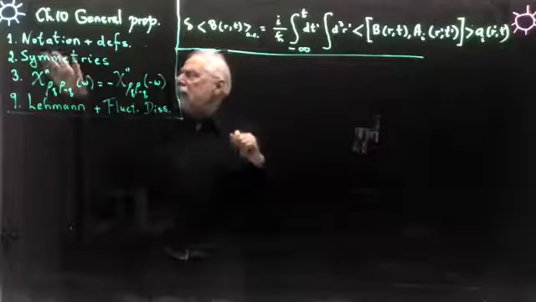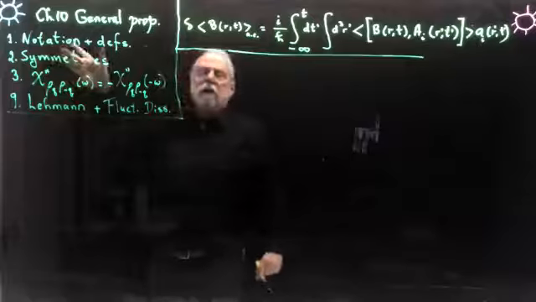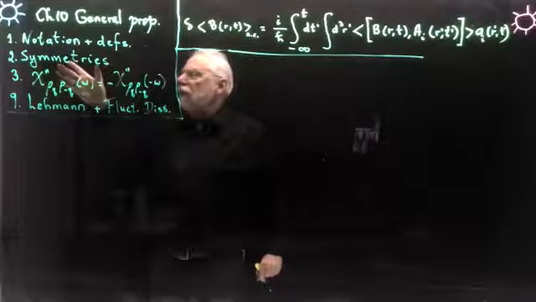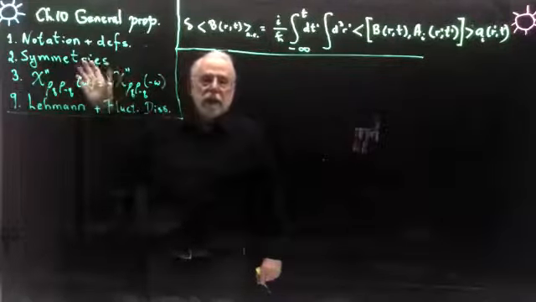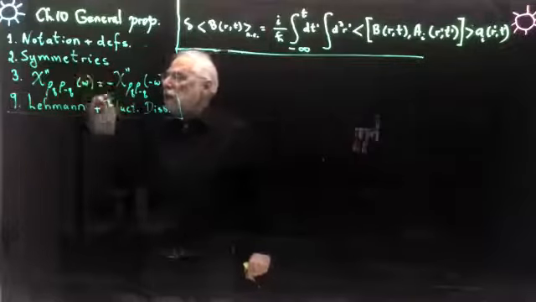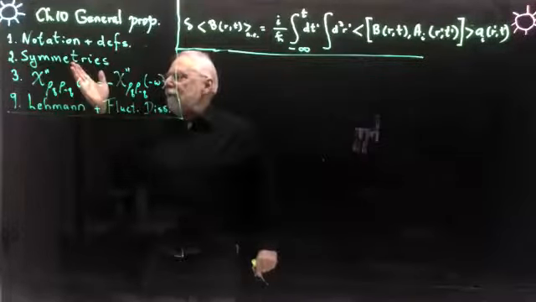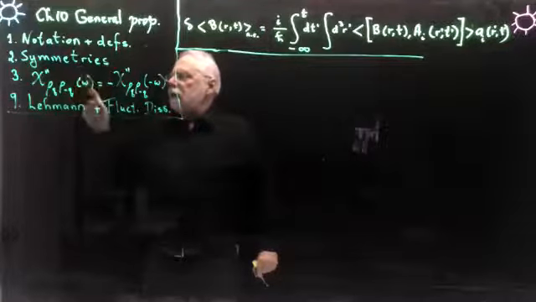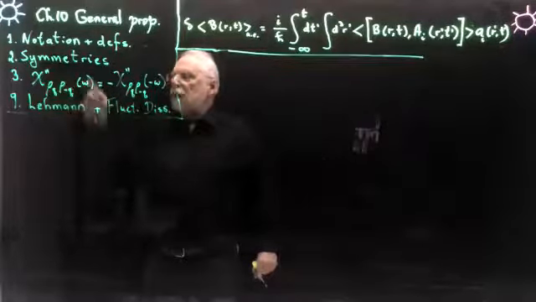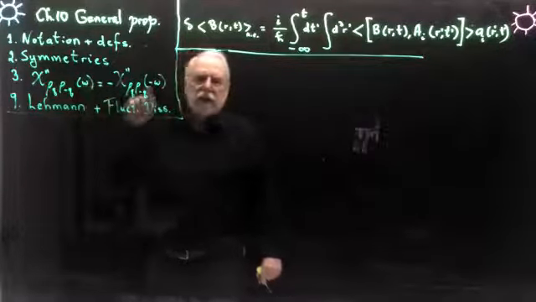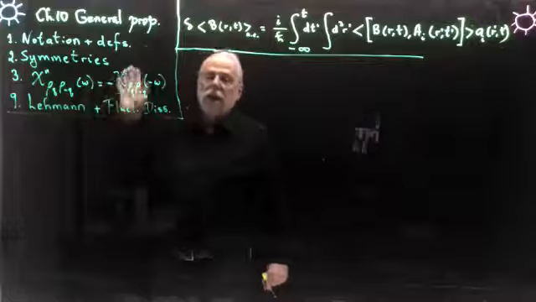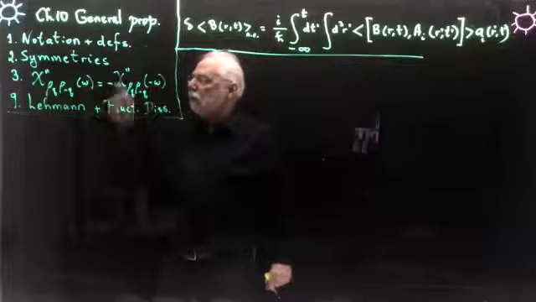So I will start with notation and various definitions. I'll talk about symmetry properties, which are some exact results that we know. And as an example, I will show this equality between density correlation functions, I mean that they are odd under exchange of frequency. We already know this, but I will show this exactly.